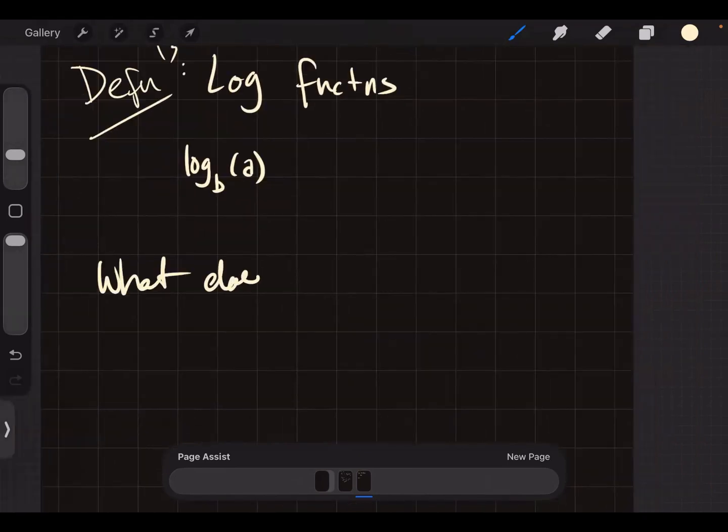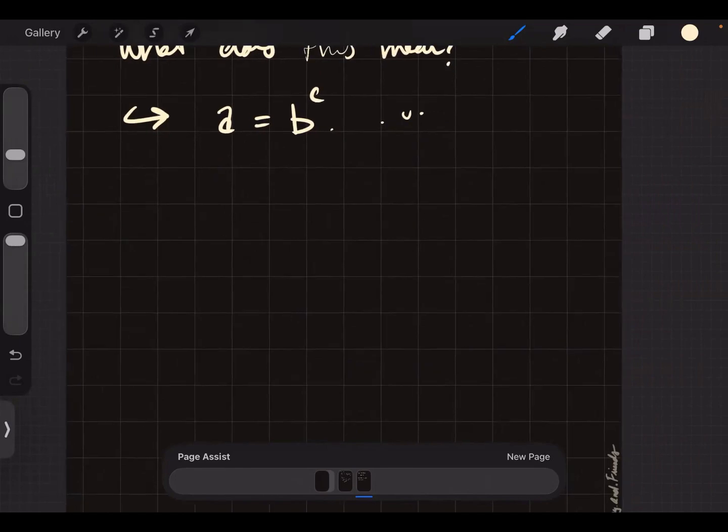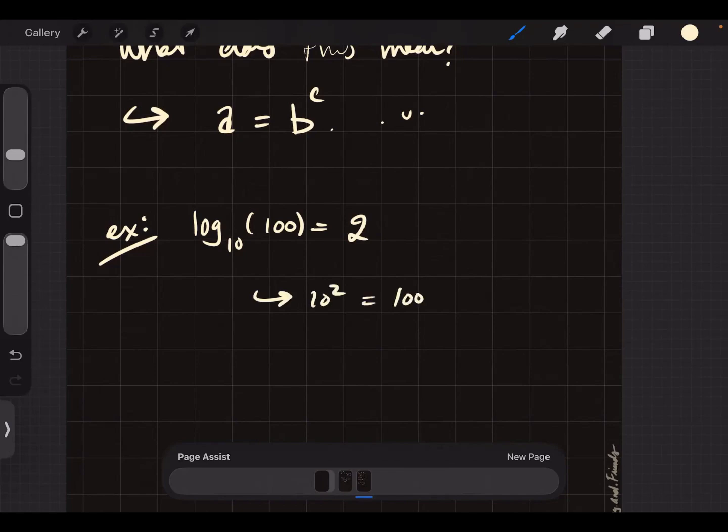Let's say it equals some C. All this means is A is equal to B to the power of C. That's it. So for example, log base 10 of 100 is equal to 2 because 10 squared is equal to 100.